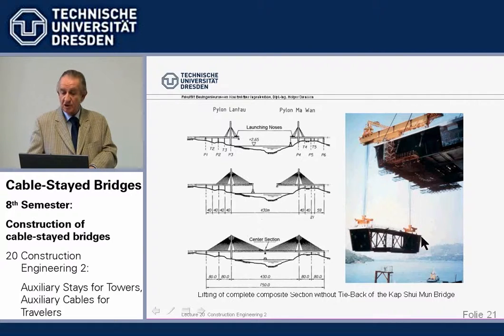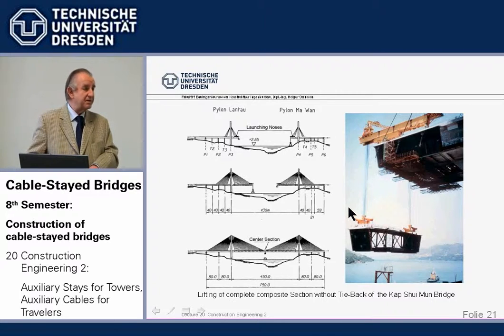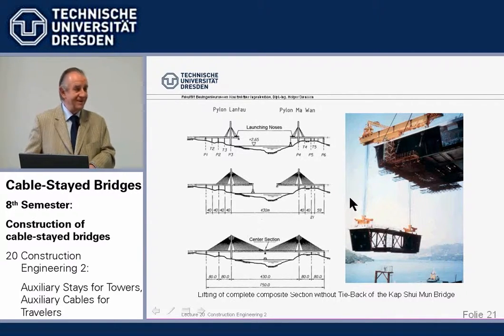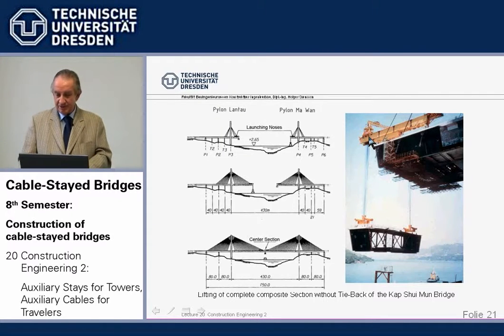It has concrete top and bottom slabs and steel in between, and it was installed with the concrete slabs on. So we had a weight of something like 500 tons, which makes it rather heavy. But no additional supports were needed because we had, for some 6 meter long elements, some 8 meter beam depths, and we could take it like this.